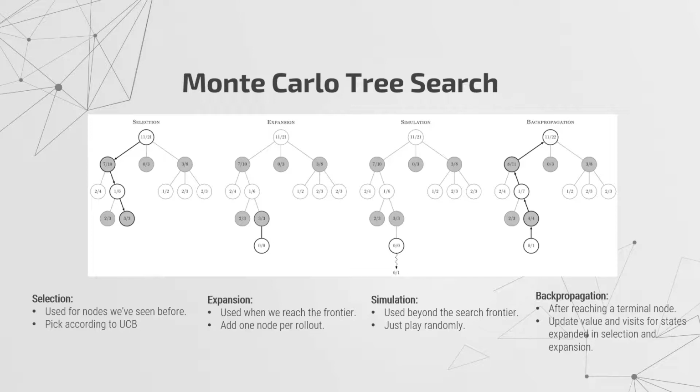We can say that Monte Carlo is a search algorithm that combines the classic tree search implementation alongside machine learning principles and reinforcement learning. The process of Monte Carlo tree search can be broken down into 4 distinct steps: selection, expansion, simulation, and backpropagation.